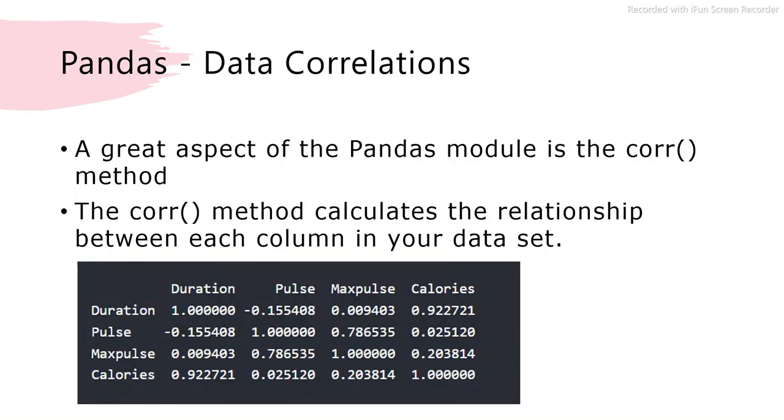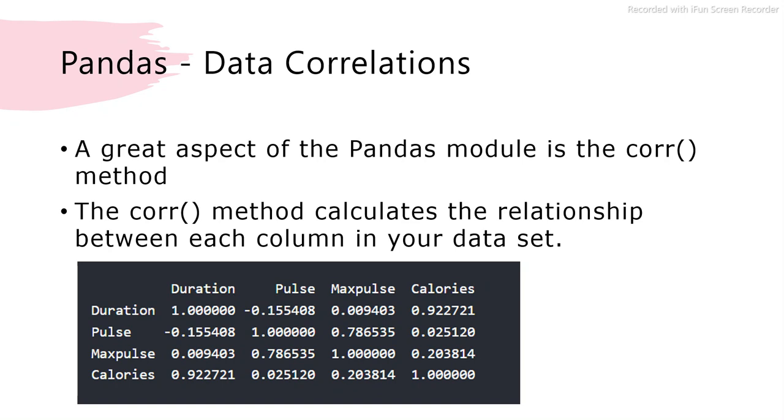Then there is a function called correlation. Correlation will tell you how each attribute depends on another attribute. There are some attributes given here: duration, pulse, maximum pulse, and calories. What does this dependency mean? For example, the calories depend upon duration.